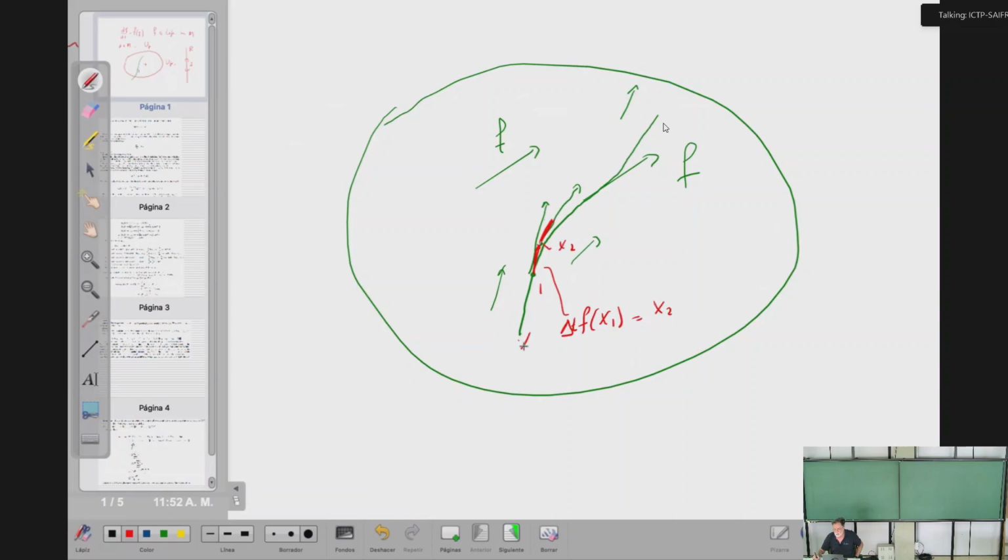This is x1 plus delta t f(x1), which is x2, and then you put here another delta t f(x2), and so you go to the point x3. So you go marching there like that.